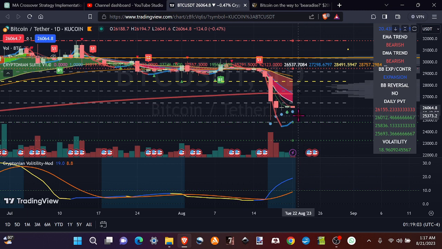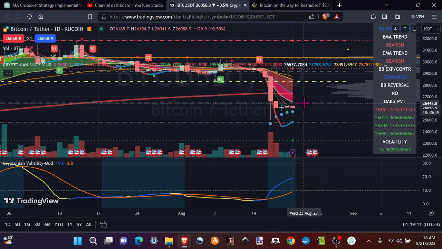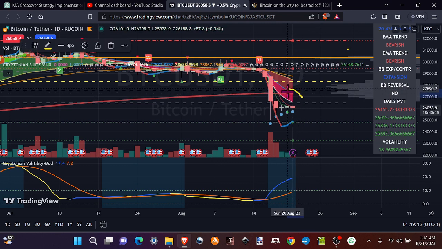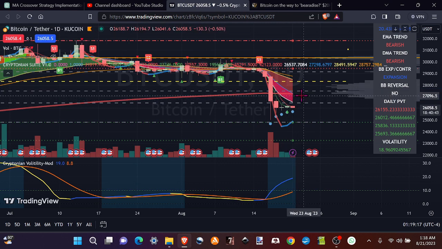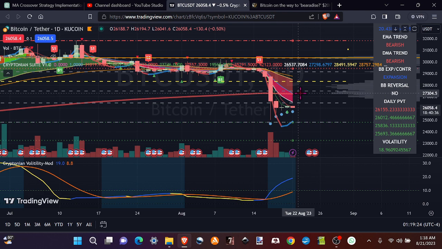That being said, the majority of this move I think is over, and so I think we'll probably see some consolidation sideways here, and even a push possibly up into the 10 moving average here. Now the 10 moving average and the 200 here are at the same area, and there's a lot of confluence. So right now I would say resistance is at 27,300.